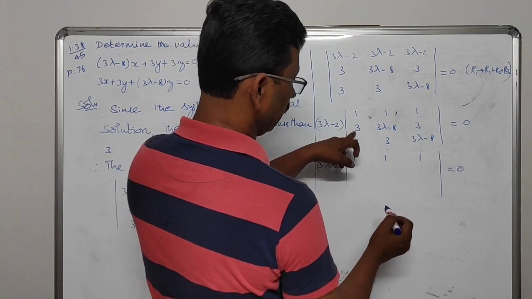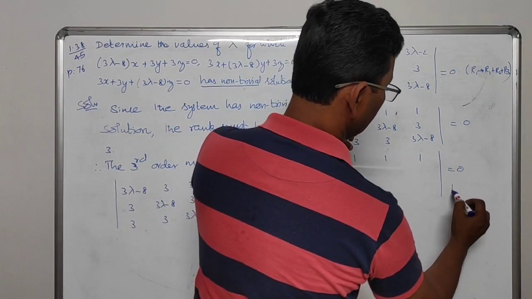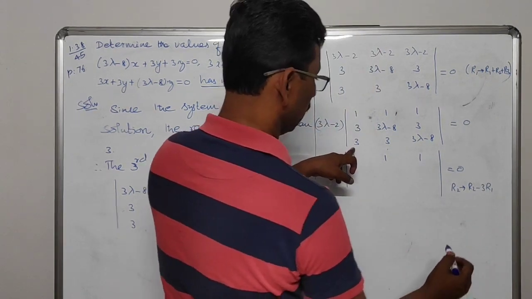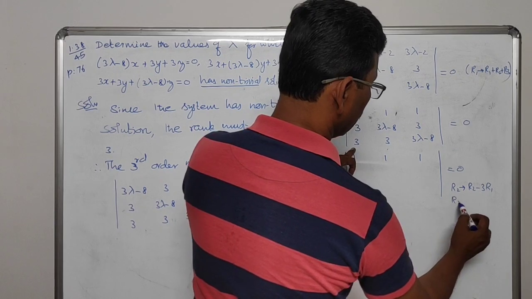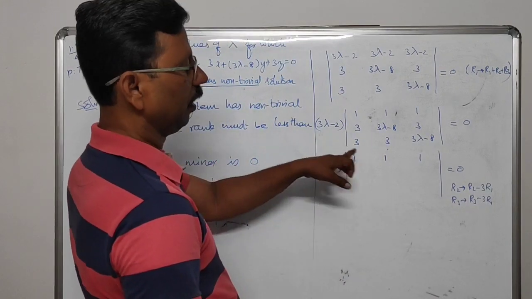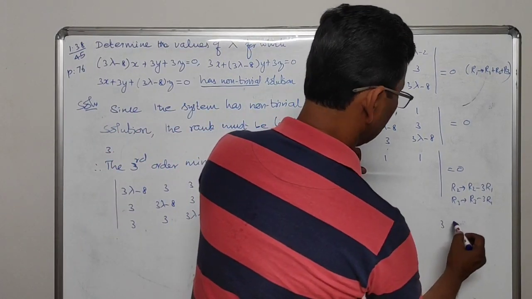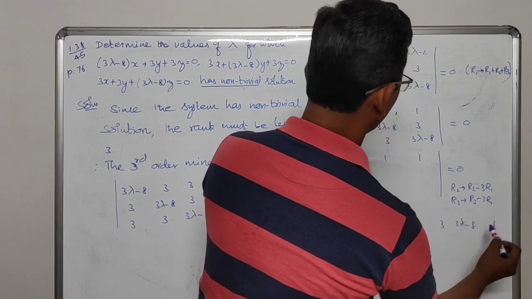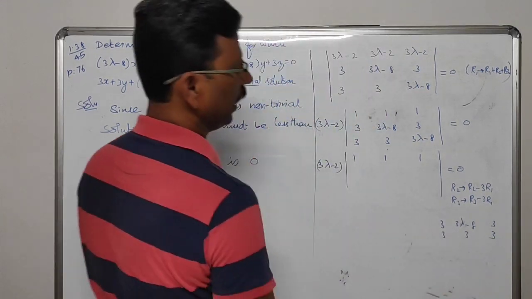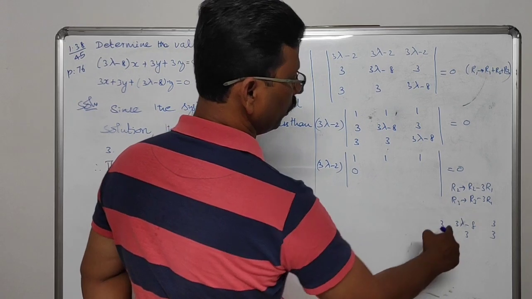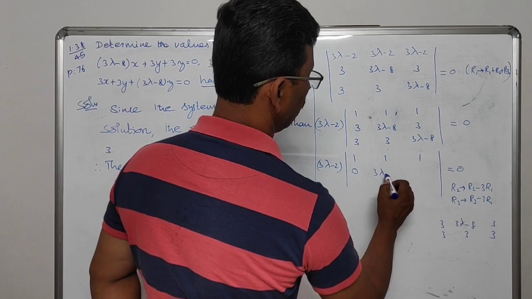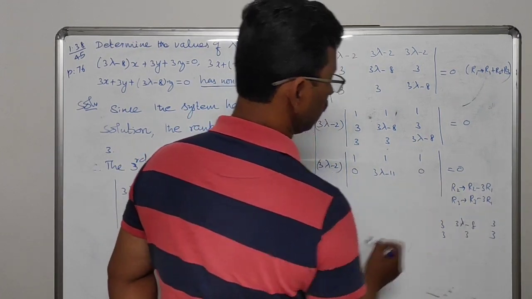Second row you can write this is 3, this must be 3. Therefore here you can write R2 gives R2 minus 3 times R1. Similarly this one, R3 gives R3 minus 3 times R1. First, R2 is 3 lambda minus 8 and 3. If you multiply R1 by 3, you get 3, 3, 3. Then you subtract: 3 minus 3 gives 0, 3 lambda minus 8 minus 3 gives 3 lambda minus 11, then 3 minus 3 gives 0.